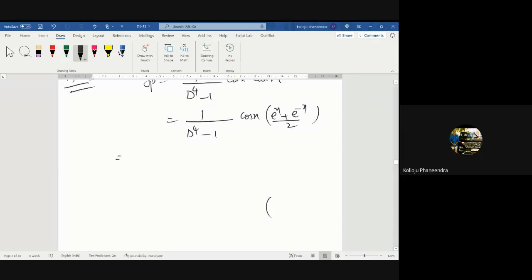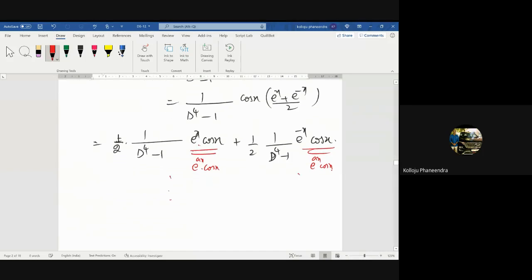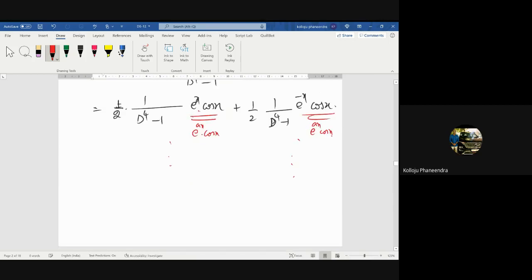So yp in two parts: 1 by 2 outside, into 1 by D power 4 minus 1, e power x into cosine x is one question. Another one is 1 by D power 4 minus 1, e to the power of minus x into cosine x. This model is e power ax into cosine x model. Here a is 1, here a is negative 1. So write cosine x as the real part.